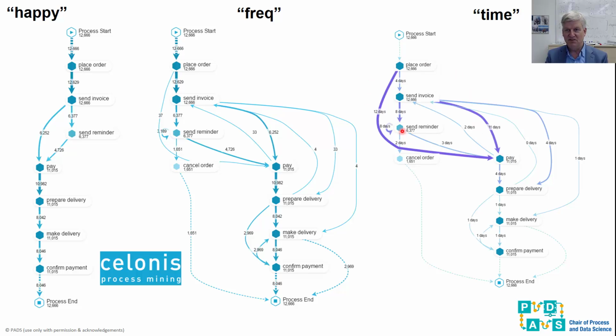So we can immediately see bottlenecks. What you should remember is that these types of diagrams are based on evidence in the data. They're fact-based, so they're not based on some assumptions, and it's also not something like a simulation model.